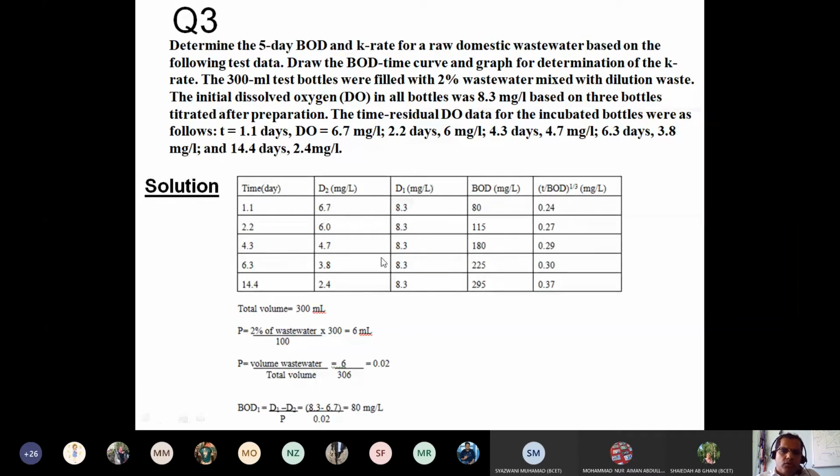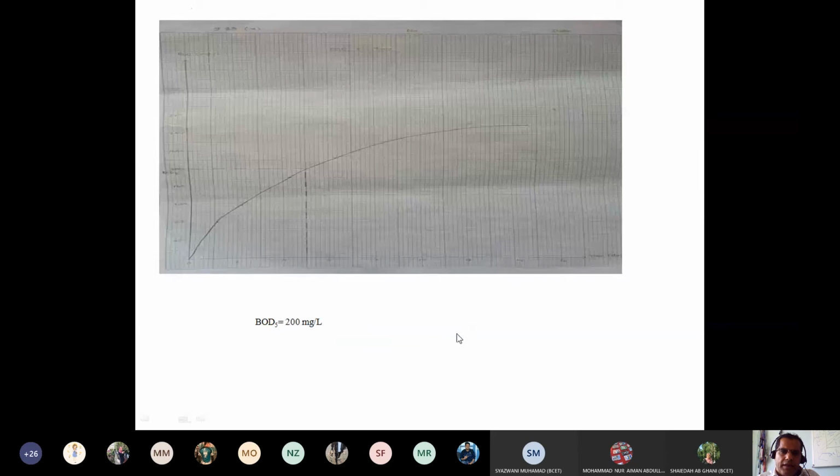Now to find out the 5-day BOD, I will draw time with BOD, like here. Sorry, it is not very clear, but the x-axis will be BOD, and here will be time.